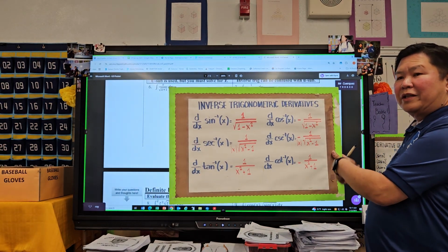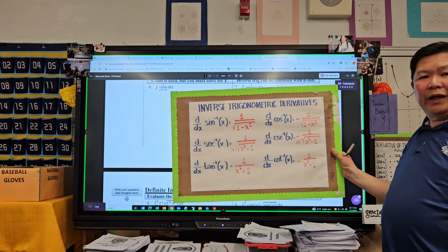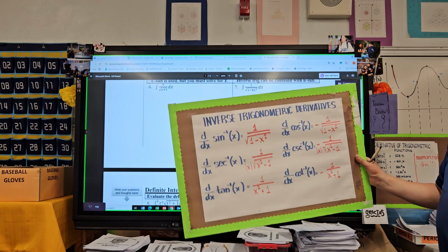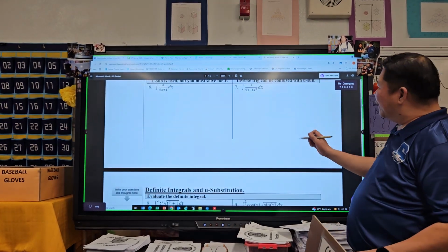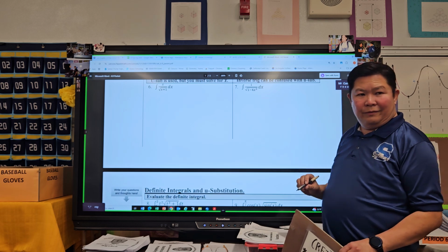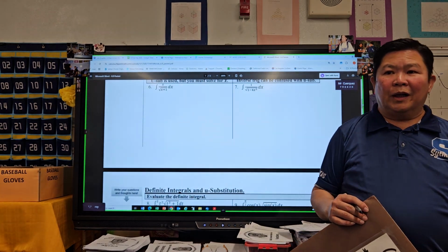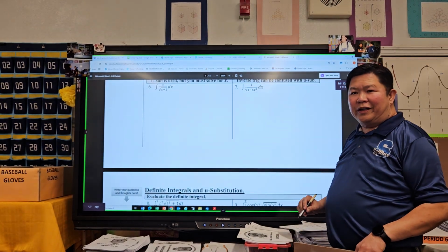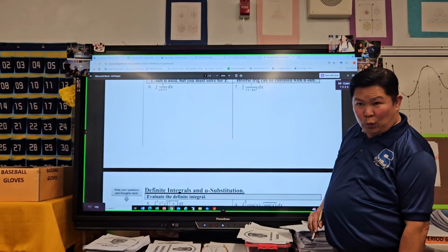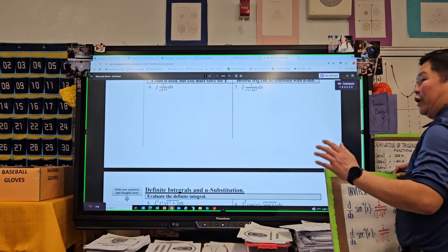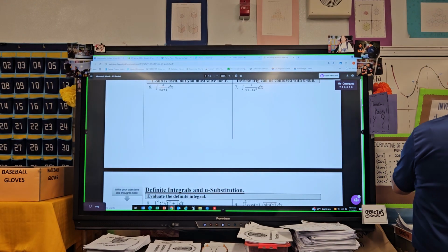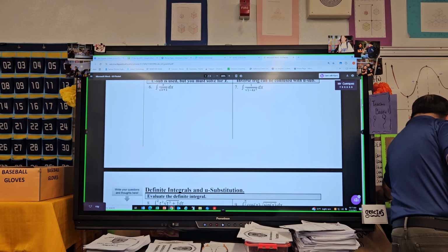Problem number 7 has something to do with this trig inverse. Okay? Why do you think? Can you express this in terms of u? Okay? So try number 7 first on your own.